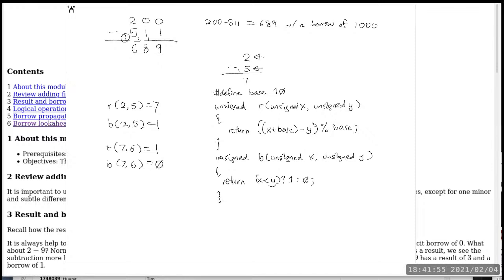That's all it's going to say. Because when we're dealing with single digit subtraction, we don't know the actual position of that digit in a multi-digit situation. So all we can say is how much are we borrowing from the more significant digit, which is the digit to the left hand side of the digit that we are currently subtracting.